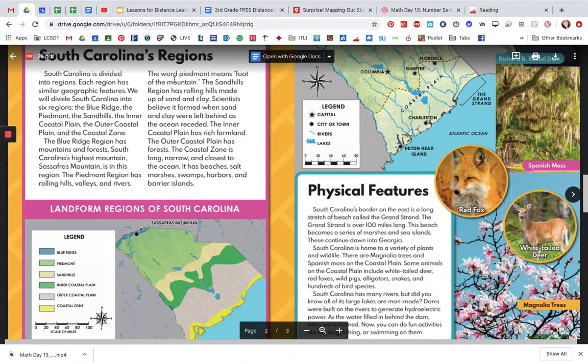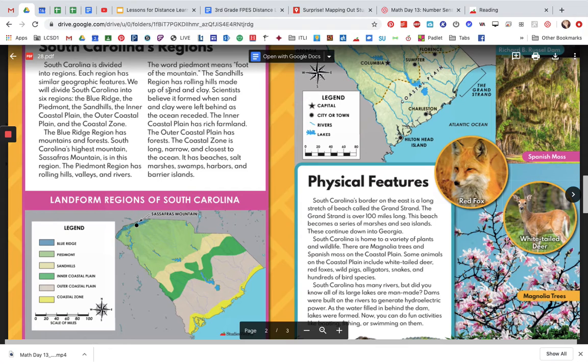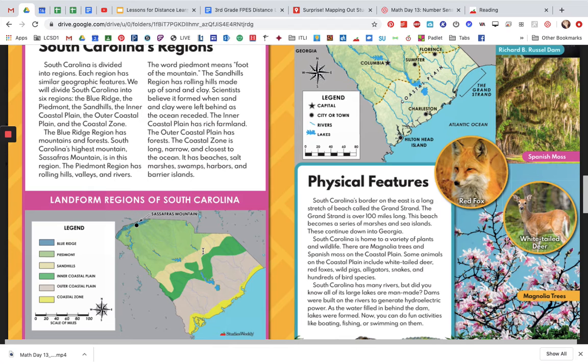The word Piedmont means foot of the mountain. The Sandhills region, remember that's where we live, has rolling hills made up of sand and clay. Scientists believe it formed when sand and clay were left behind as the ocean receded. So that's why we sometimes have fossils here in the Sandhills region.